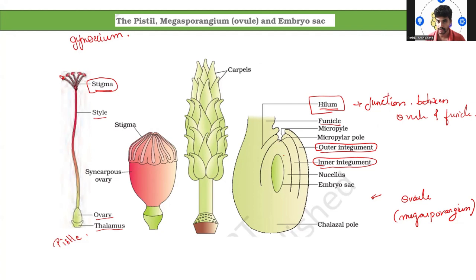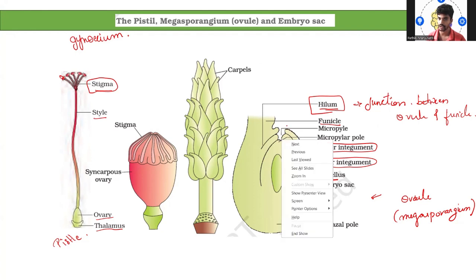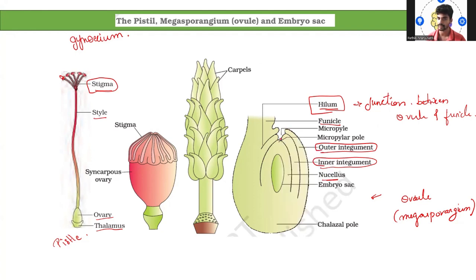The integuments encircle the nucellus, as you can see here, except at the tip of the region. Can you see the tip? Here it doesn't cover the tip of the region. There, you are observing a microscopic, very small opening.